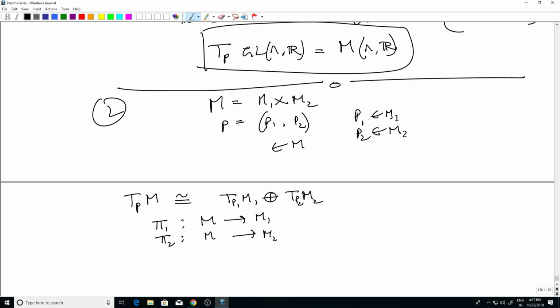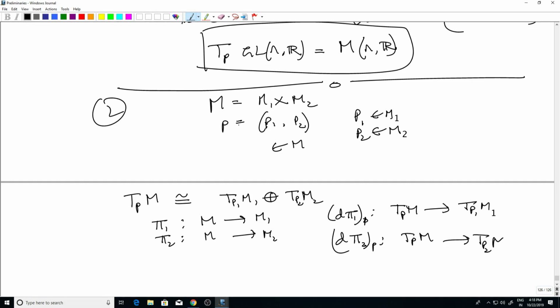If I look at the derivative of the projection, d pi1 at the point P, this would be a map from T_P M to the tangent space at pi1 of P, which by definition is P1, so T_P1 M1. And d pi2 at P would be a map from T_P M to T_P2 M2.